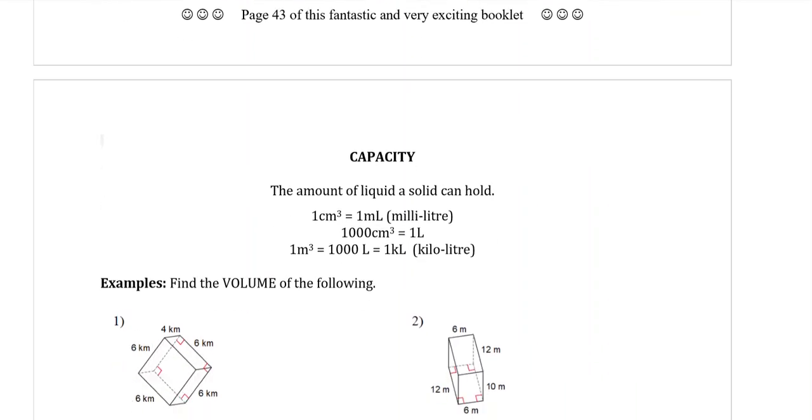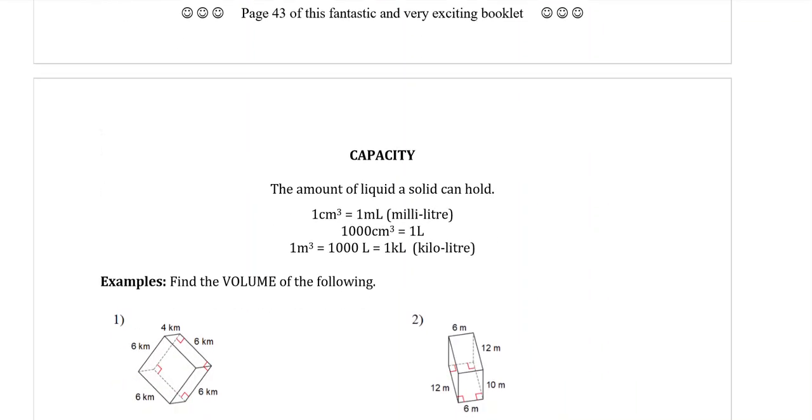The other thing that we're going to do in volume is, because volume is measuring how much can go inside the shape, a lot of the time we want to know how much liquid a shape could hold, like a bottle of water or a water tank or a fish tank, those kind of things that hold liquids. So you don't measure liquids in centimetres cubed.